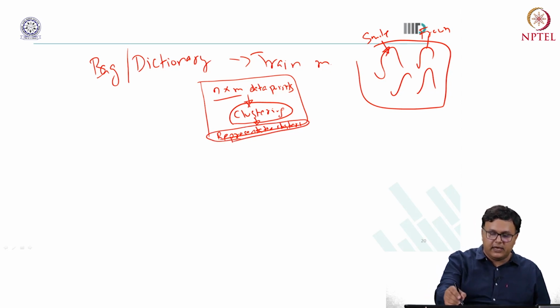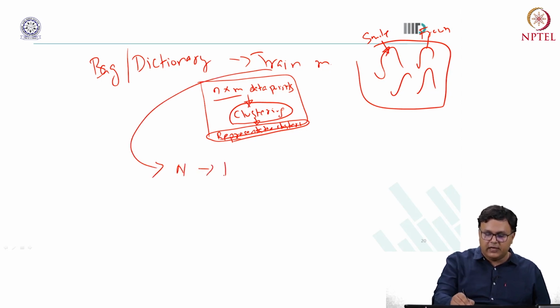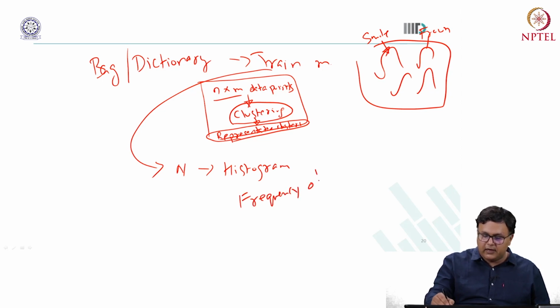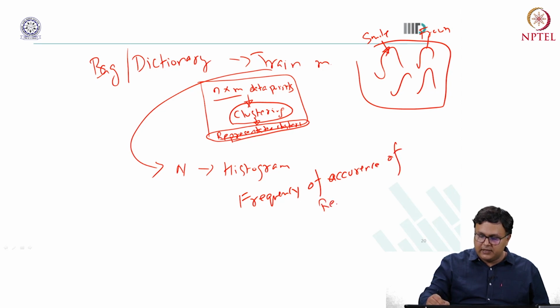What you will do is you will take one sample at a time. So you take one data point which contains n interest points, and you will create a histogram by looking at the frequency of occurrence of representative clusters in a face.